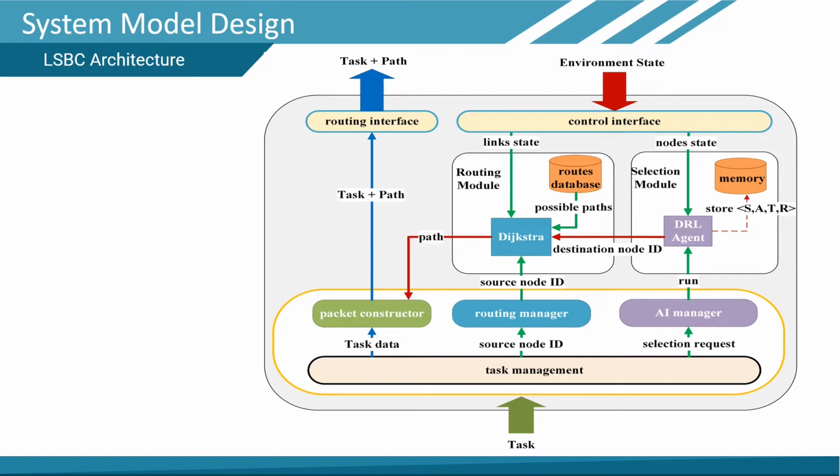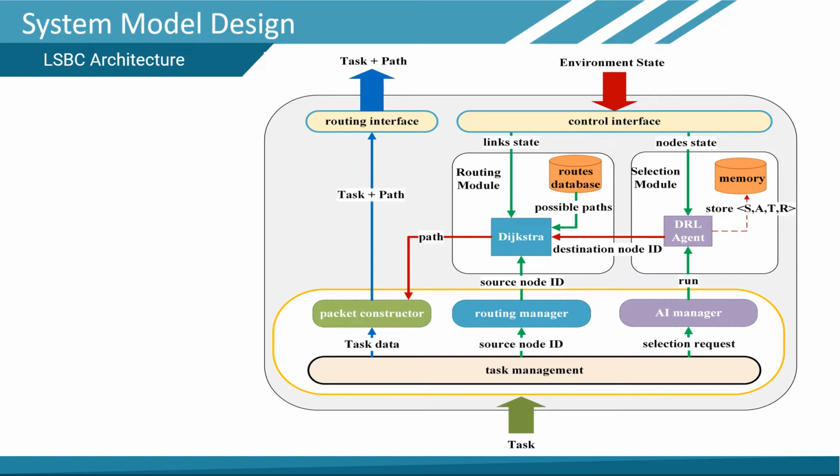Using the nodes' state information, the DRL agent deployed in the selection module chooses the destination node and then sends its ID to the routing module. After that, the Dijkstra's algorithm implemented in the routing module uses the source and destination node IDs to obtain all possible paths from the routes database.